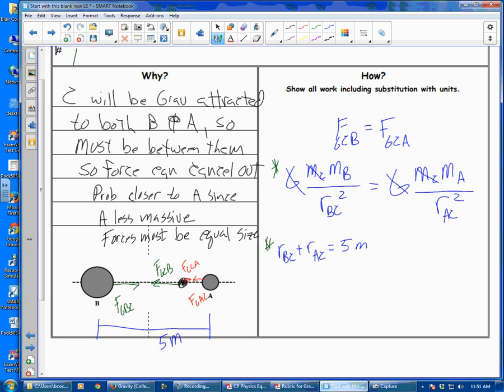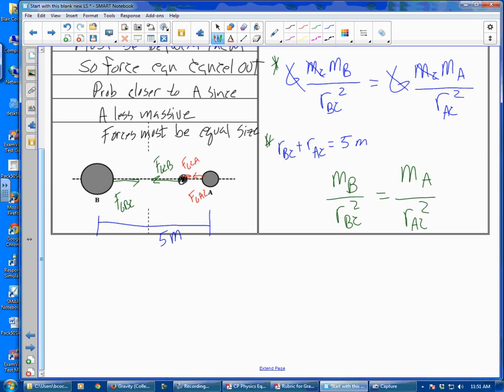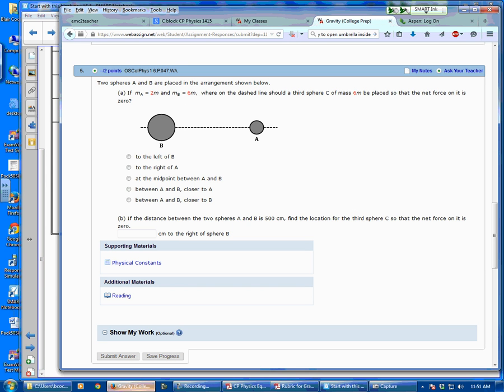I have mass B, which they told me. I'm going to write this again so that I can play with it with hopefully less confusion. They told me mass B is 6m and mass A is 2m.